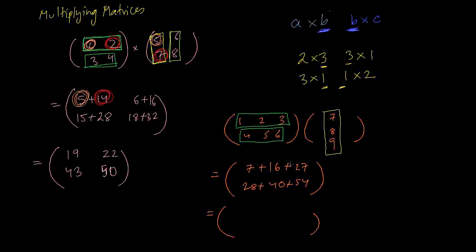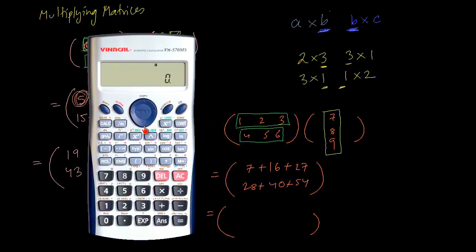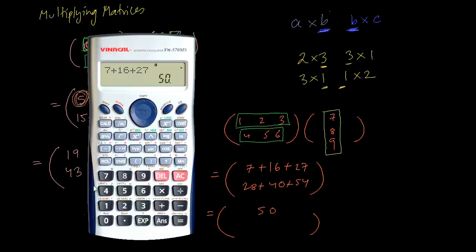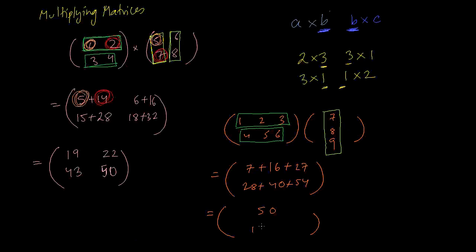If we add this, now I'm going to use a calculator. We are going to get 7 plus 16 plus 27, this is 50, and 28 plus 40 is 68 plus 54, this is going to be 122.